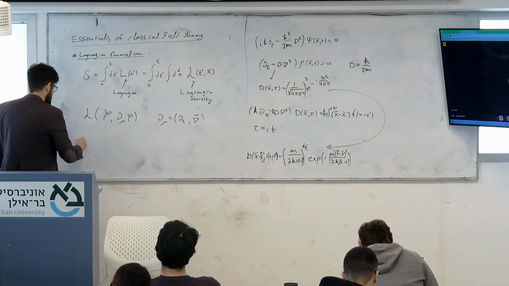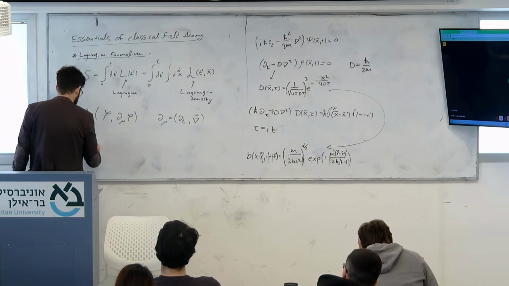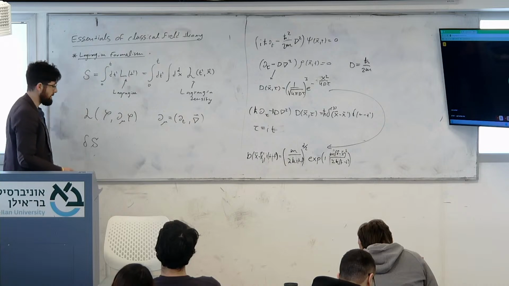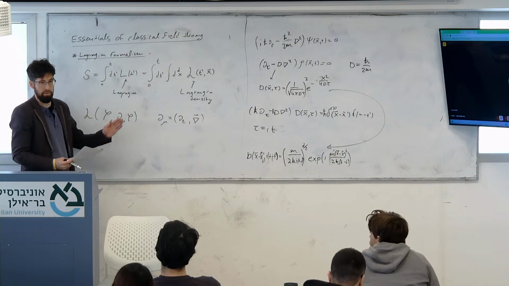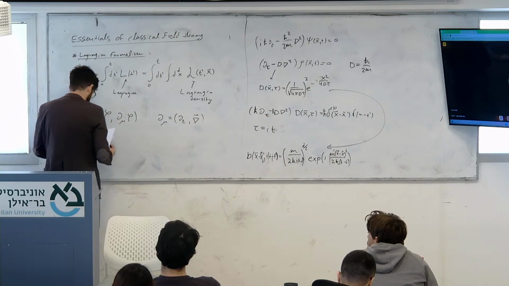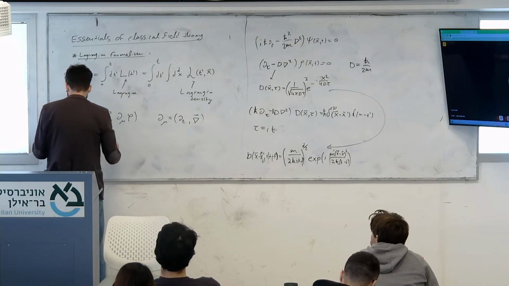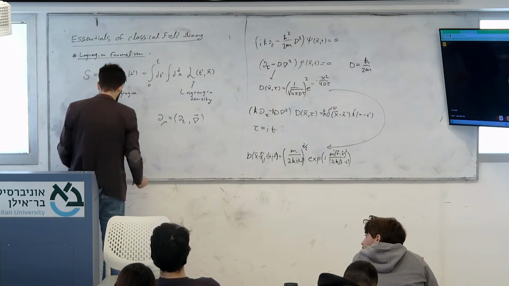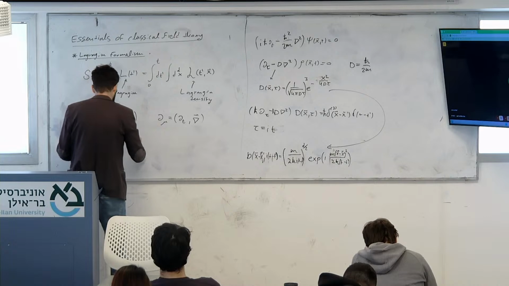So now I want to vary S with respect to these fields. Basically, I'm going to change phi a little bit. And if I change phi a little bit, I get the integral d4x. d4x now denotes both integral over time and space.